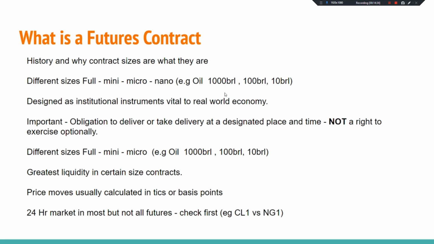The other key thing about futures contracts is that most are a 24-hour market, but not all are. So you need to check first. For instance, the two that I like to trade are oil and natural gas. Oil is a 24-hour market other than the 15-minute settlement period.